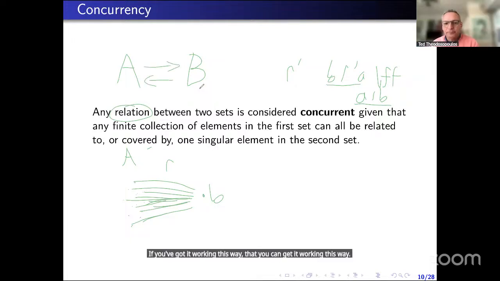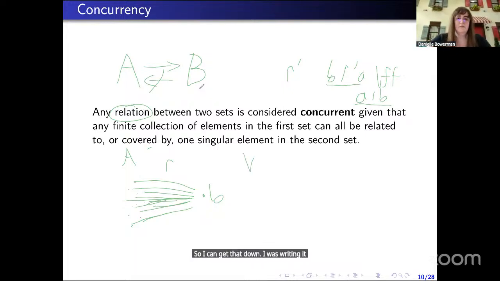So can you say it one more time the correct way so I can get that down? I was writing it down.